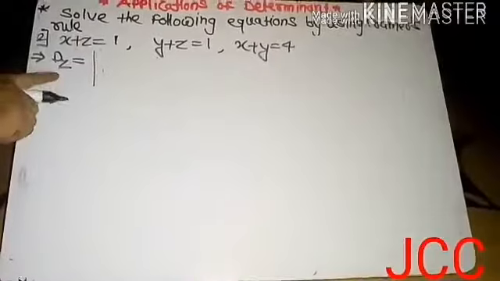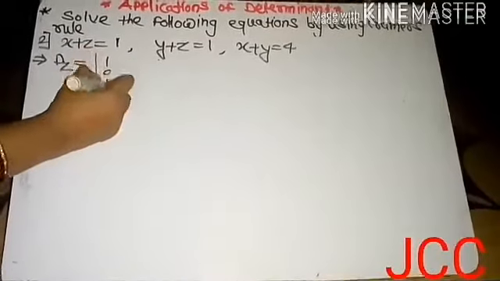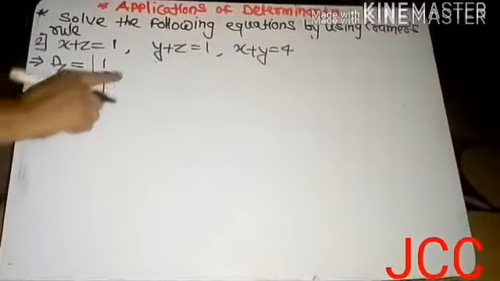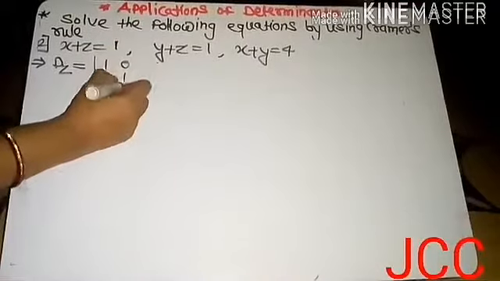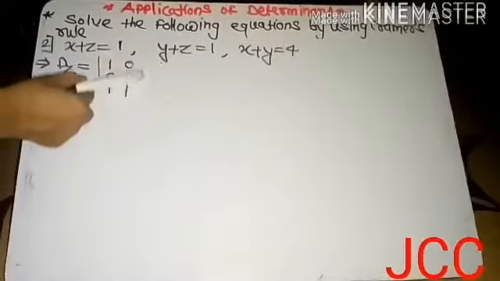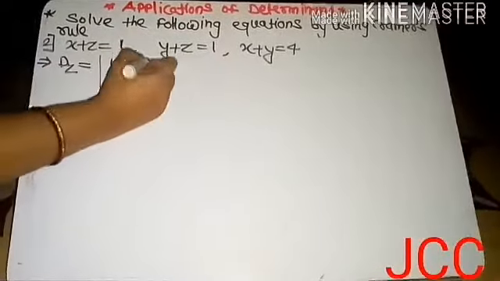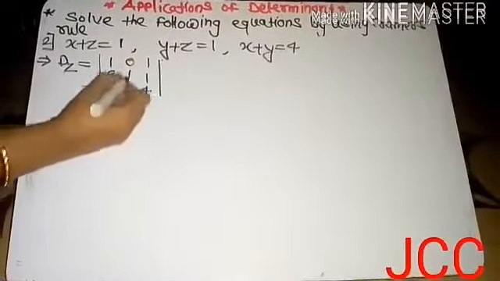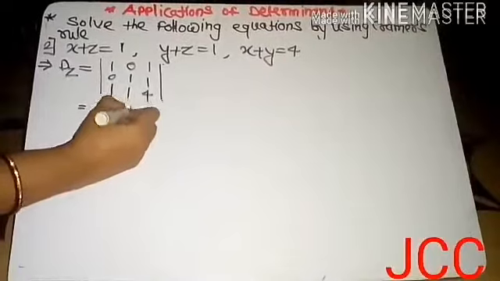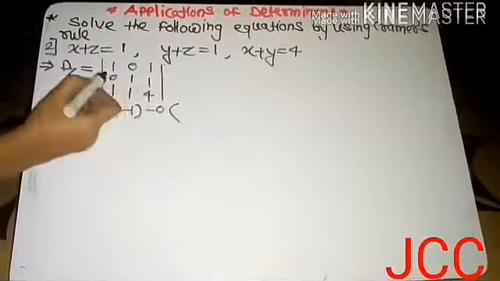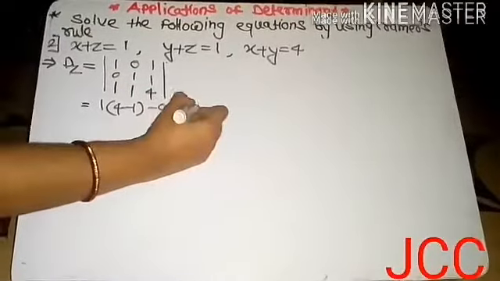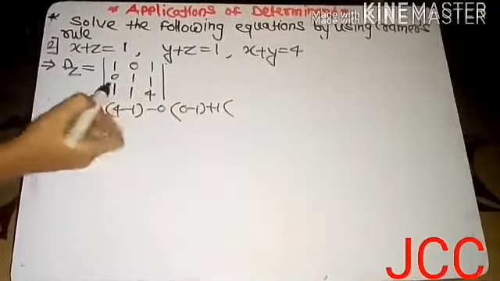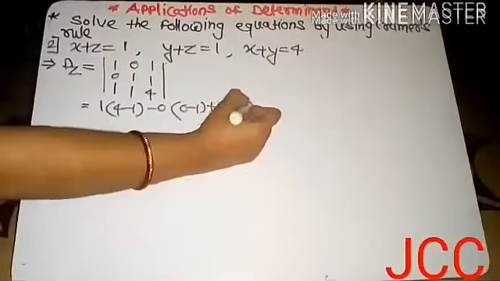Now for dz 1 0 1, the coefficient of x, then coefficient of y 0 1 1. In place of coefficient of z, we write right side element 1 1 4. That is equal to 1 4 minus 1 minus 0 0 minus 1 plus 1 0 minus 1.